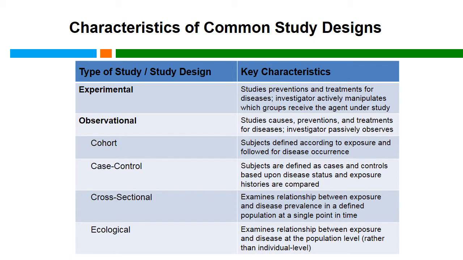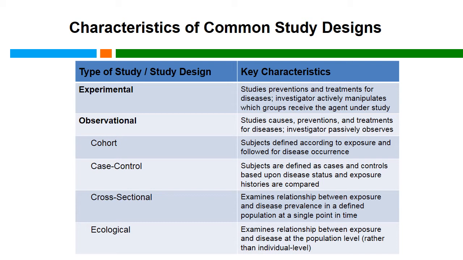Cross-sectional studies examine the relationship between exposure and disease prevalence in a defined population at a single point in time. So here you're collecting both the exposure and the disease outcome at the same time. You're measuring both at the same time. And then ecological study designs examine the relationship between exposures and disease at a population level rather than an individual level. And so those are the designs we're going to talk about first.